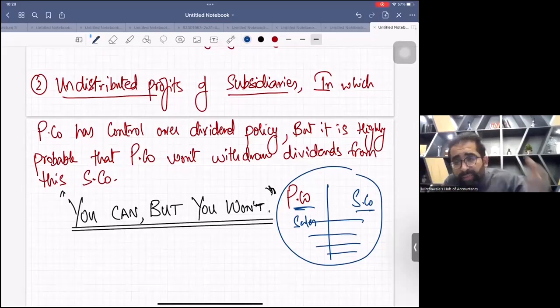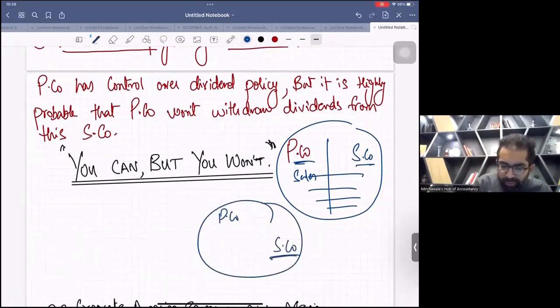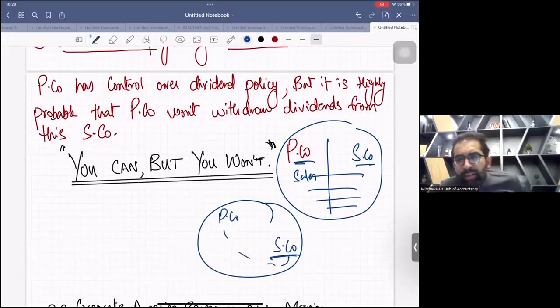That means we treat subsidiary company income as our income, because in economic reality we control it. So on the basis of that economic reality, we book the complete profits of S company in our books.